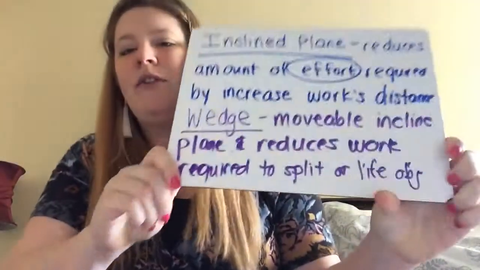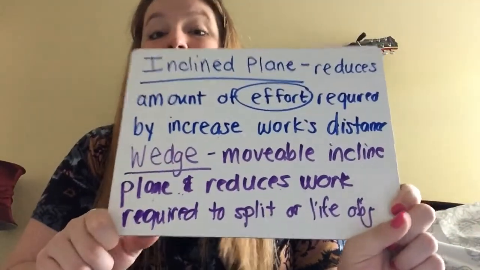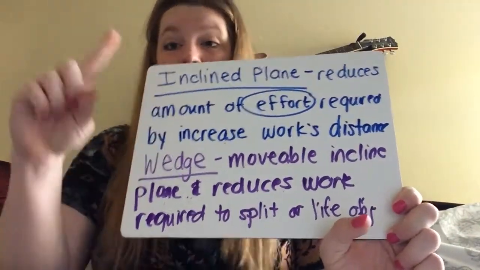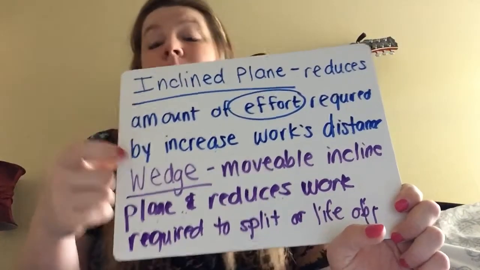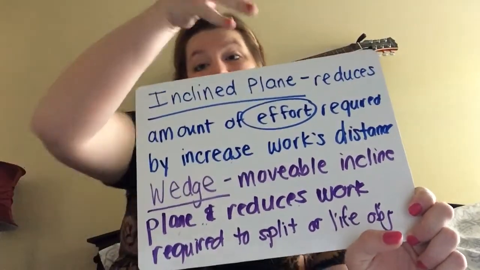So this is your definition for wedge, okay? So it's a movable incline. It's still that shape where incline is, but this one we can actually move. We can take it from one place to another.